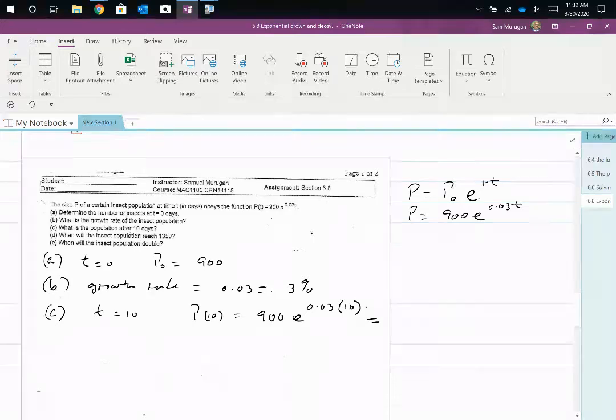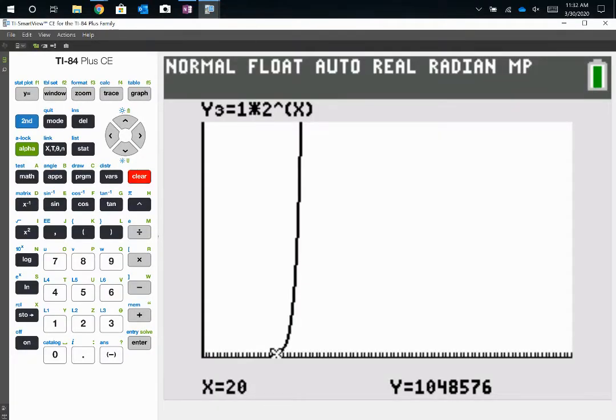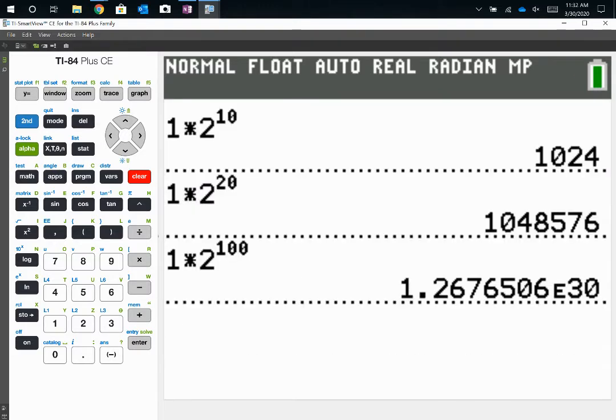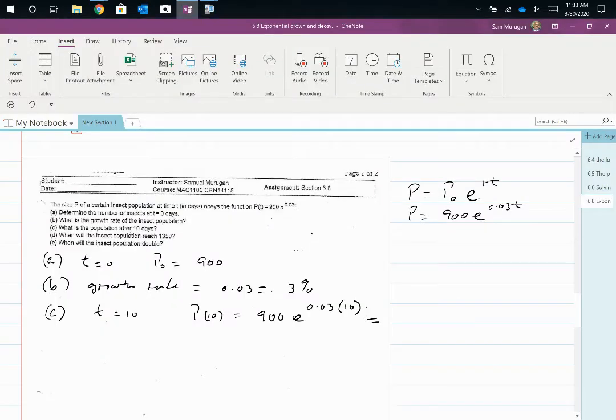You would go to a calculator for that. 900 e to the power 0.03 times 10. And they want this answer rounded to the nearest whole number, because we're talking about insects, so 1215 insects.